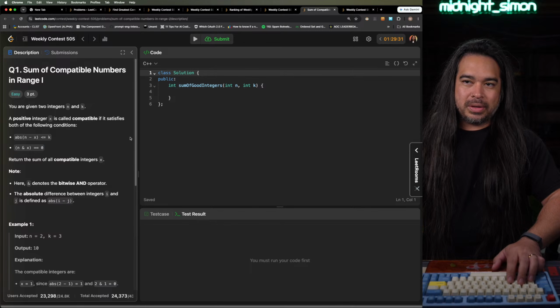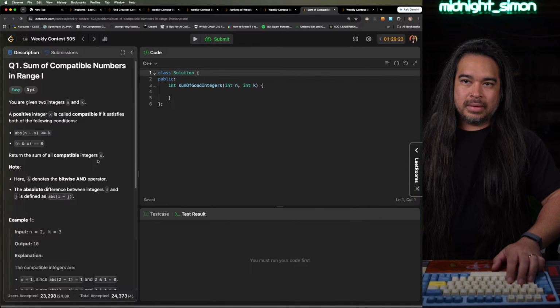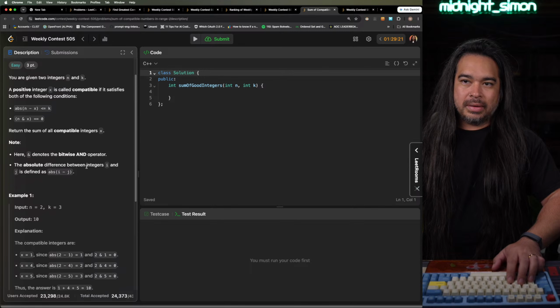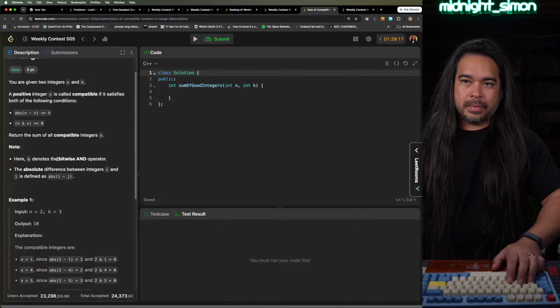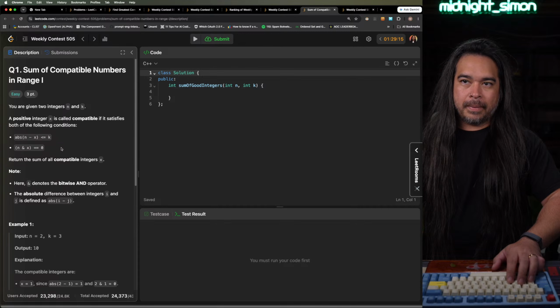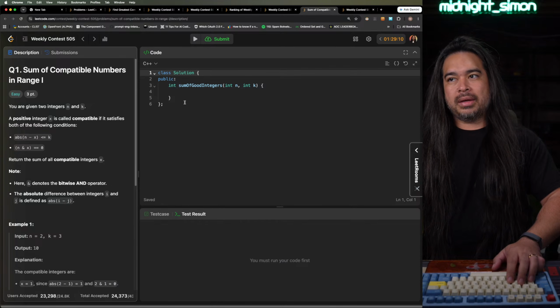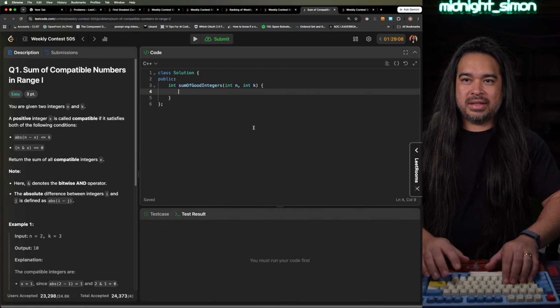Return the sum of all compatible integers x. What? n minus x less than or equal to k.